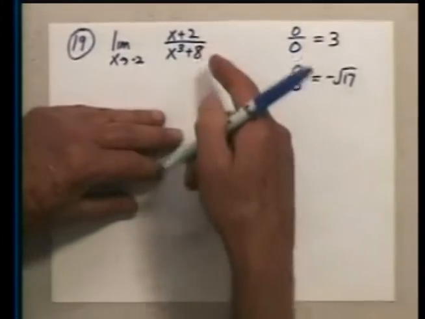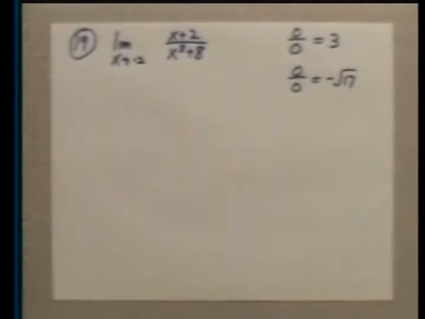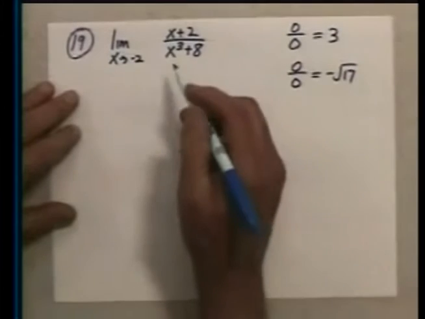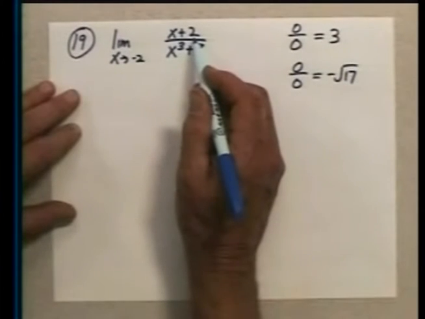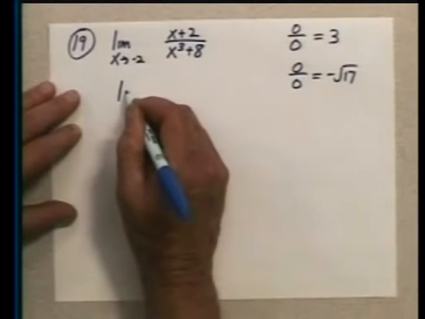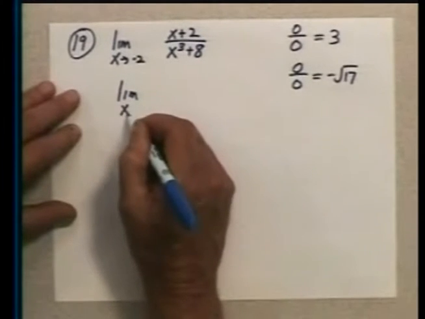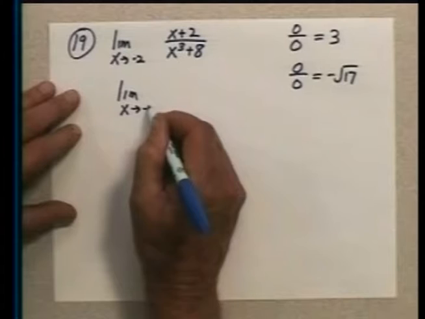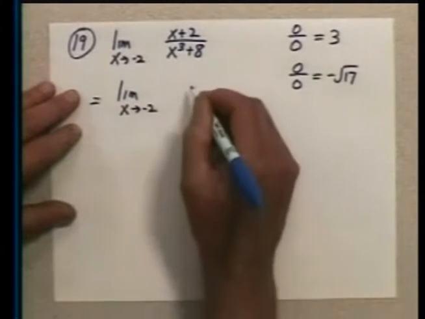If you plug in minus 2, you get 0 over 0. So the x plus 2 has to go if we're going to have any hope on this problem. Well, what's typically the way to get rid of the x plus 2? Factor.